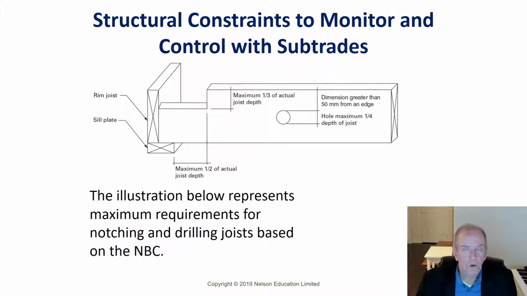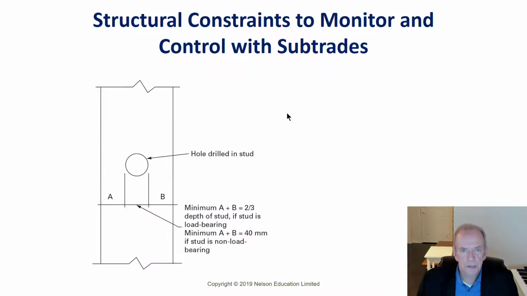So just be aware of that, and you can go to any manufacturer's website and they will have the guidelines for what you can and can't do with regards to notching, drilling, etc. But dimensional lumber, we can follow the building code straight off.